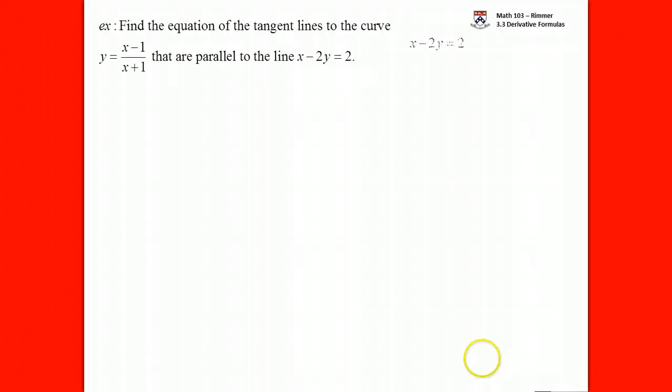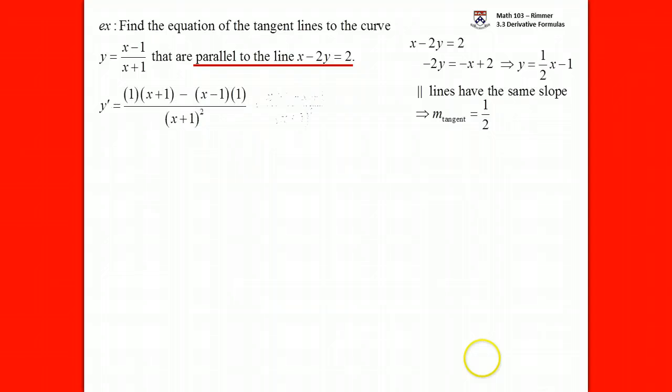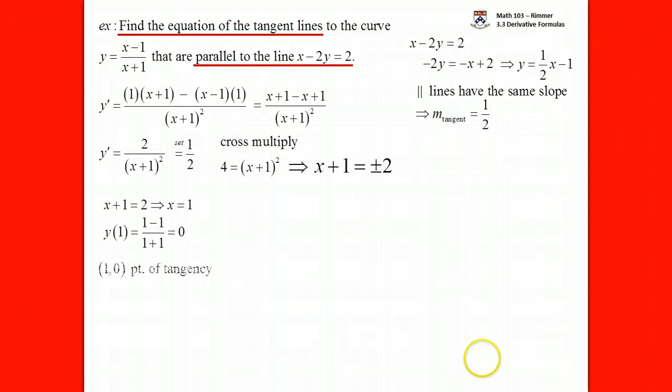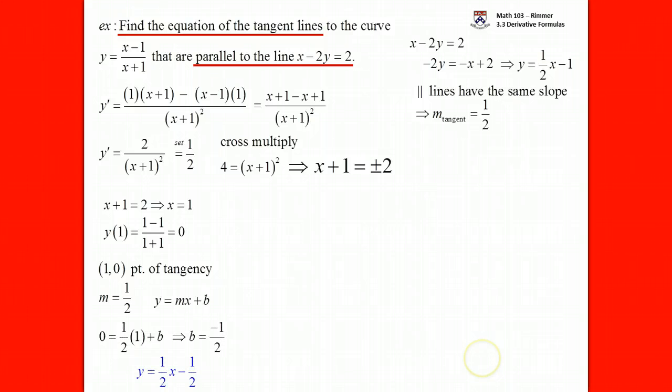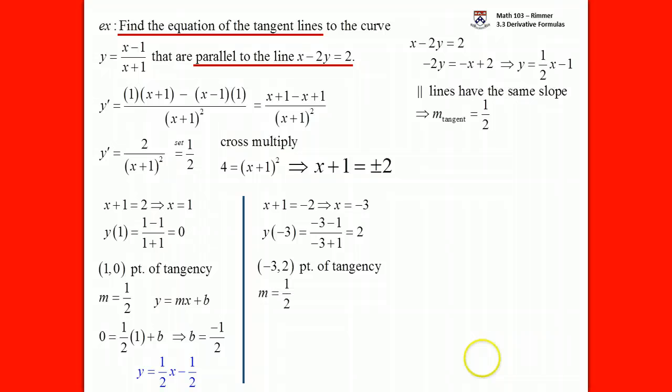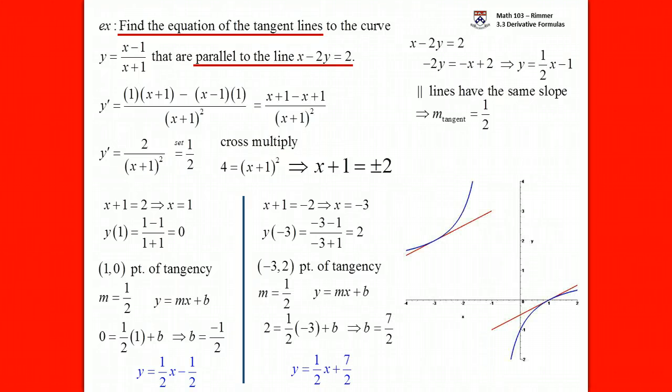Let me blow it up again. You solve it, and you get these values, 1, and you find a tangent line there. With negative 3, you go get the tangent line there, and that's what the graph looks like. The slopes of those lines are a half. They are parallel to that other line in the original statement of the problem. Okay? All right. Good job.